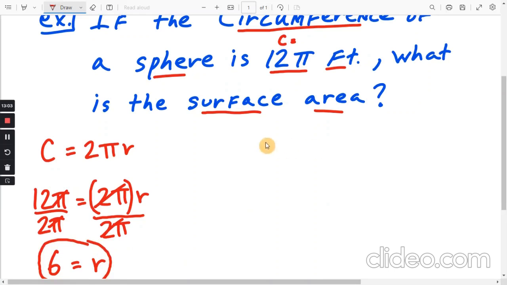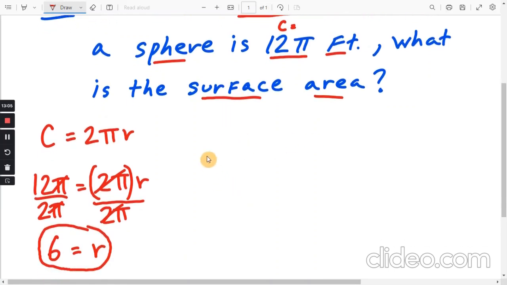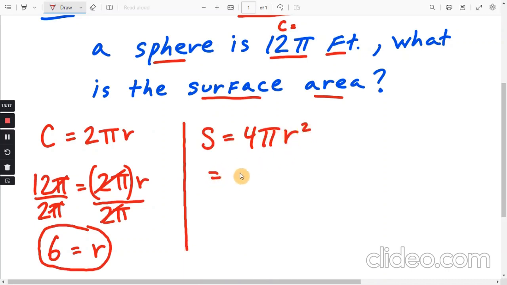All right, and now let's move on to the surface area. Since we have r equals 6, we can easily find that. The surface area is 4 pi r squared. So that's going to equal 4 times pi, and r squared is going to be 6 squared. All right, in terms of pi, I'll do 4 times 6 squared. And I get 144 times pi.